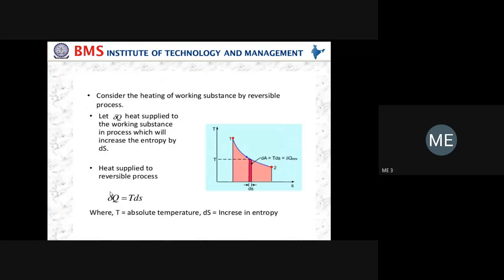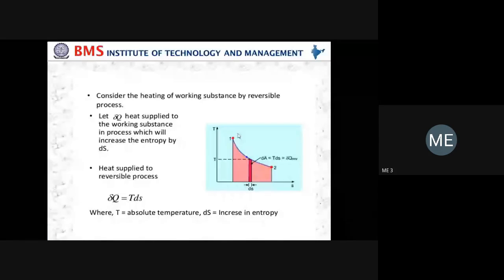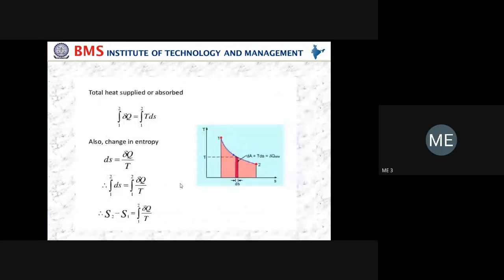So dq is the amount of heat supplied to the working substance at a particular state, T is the temperature at that particular point, and ds is the entropy at that particular state. In order to get the total heat transfer during the process 1 to 2, we integrate equation 1 between the limits 1 to 2.